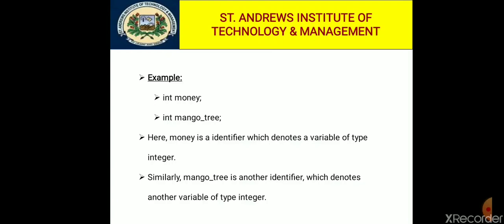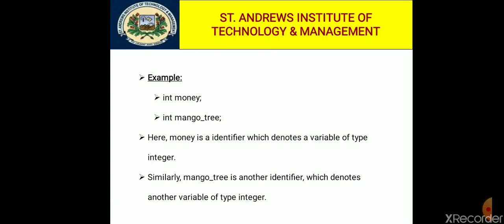So those identifiers used in an external link are called global variables, and those not used in external link process are local variables. Actually, an identifier is a user defined word. User defined means programmers or users will create that identifier or function.